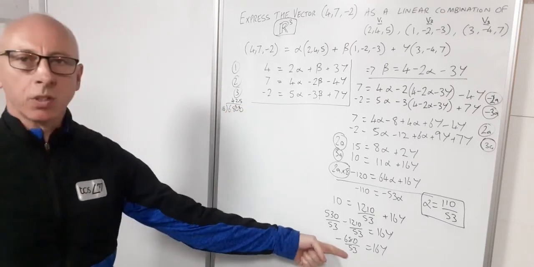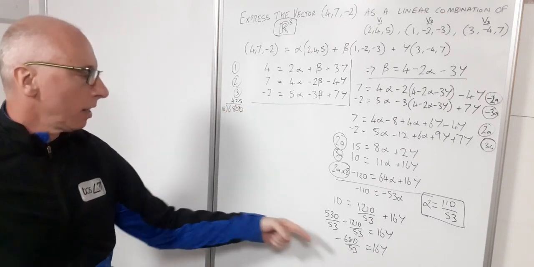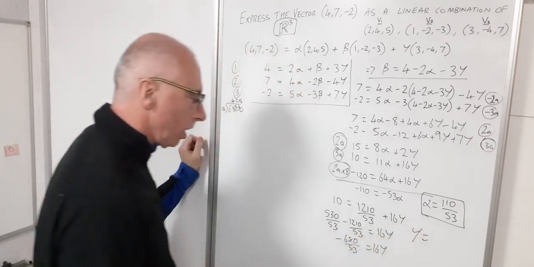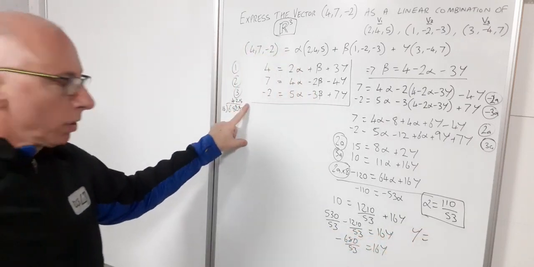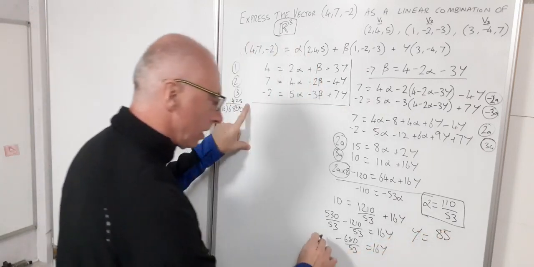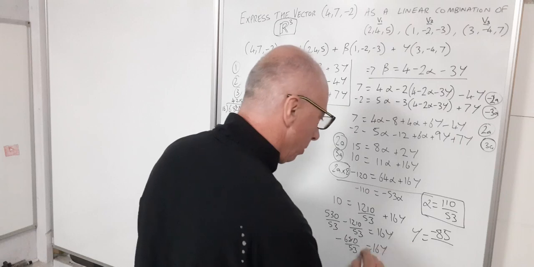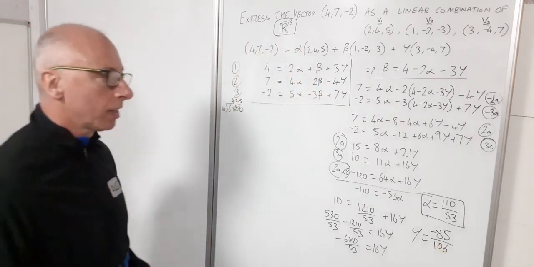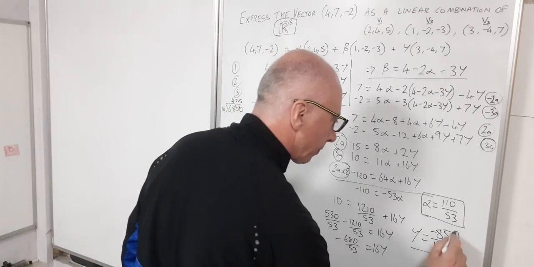So if I double the bottom, I can then get gamma equals 42.5 times 2, which gives me 85, and don't forget it's a minus sign. And then double the bottom, 106. Minus 85 over 106, that gives me my gamma.